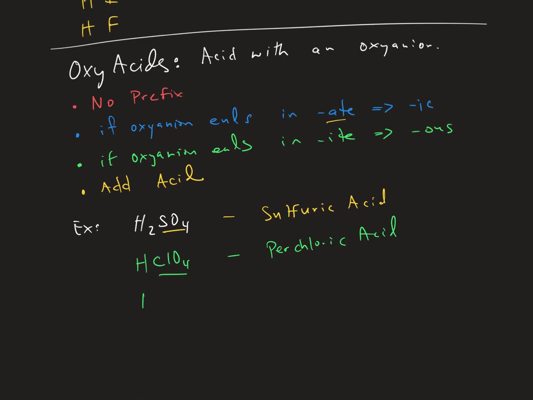What about HNO2? Look at your polyatomic ion list. What is NO2 minus? It's nitrous acid. Yeah. NO2 is nitrite. So we're going to end in OUS. Nitrous acid. That way we have just a naming system that we can call these by different names. Good?